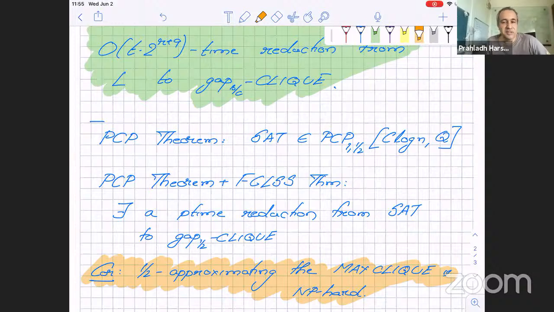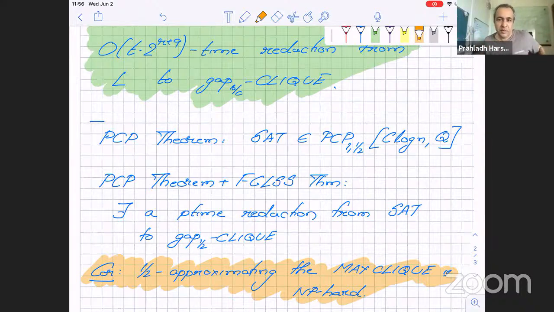But hardness-wise, unfortunately, all that we know is that it's NP hard to color it with 6 colors or 7 colors. The gap between these two is unlike max 3-SAT or max clique, where the upper and lower bounds really meet. We know easiness up to a particular point, and just beyond that we know the problem becomes hard. Coloring is a problem in which it is open.